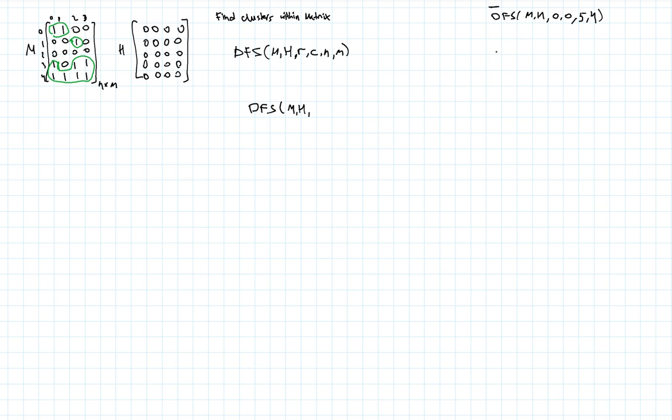So let's call this as my first function call. So this is my one. So what I want to do is I want to go to all these sites, 4 sites, to check if there is one neighborhood to this one.